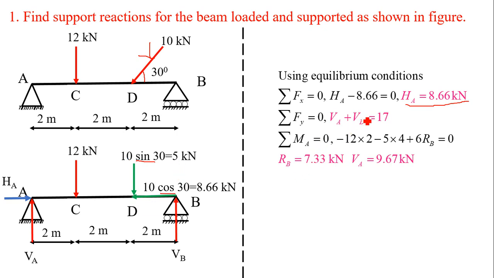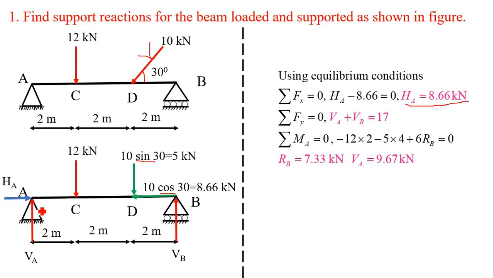This minus 17 transferred to the right hand side becomes positive 17. So we get VA plus VB equals 17. Then considering the summation of moment, we always consider the moment at a point where there is the maximum number of unknowns. So at point A 2 unknowns are there, so we consider summation of moment about point A.